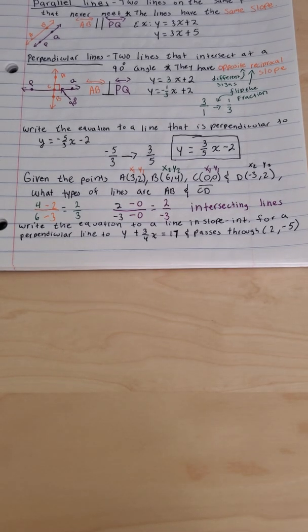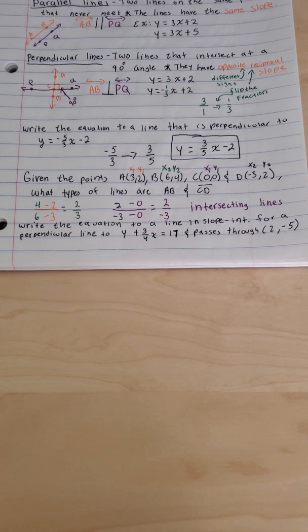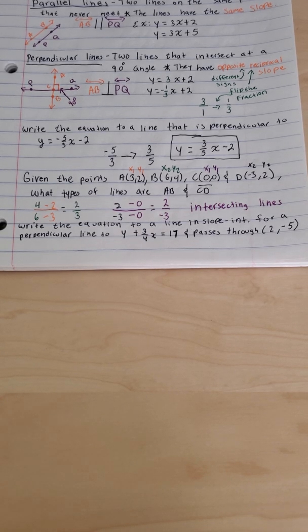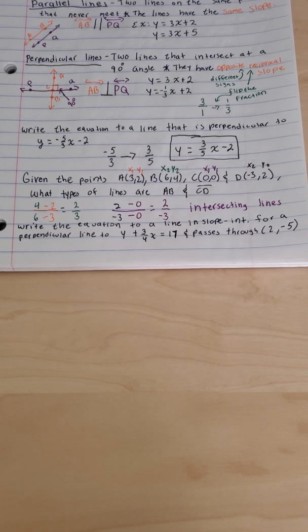This problem gives us a good amount of information. It says we want to write an equation in slope-intercept form for a line that is perpendicular to y plus 3/4 x equals 17 and passes through the point 2, negative 5.